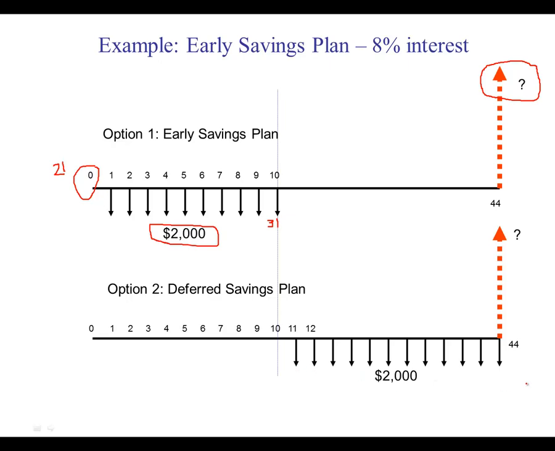From 32 until 65, I will see what will happen to this savings. So which option will be better for me or for you to follow after graduating and for retirement? What will be the best option for retirement? Is it option number 1 or option number 2?